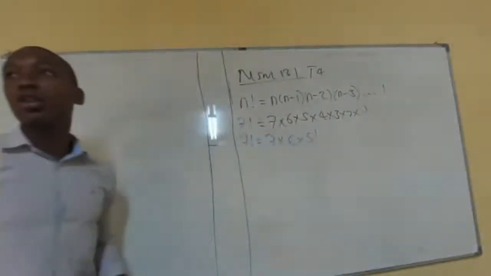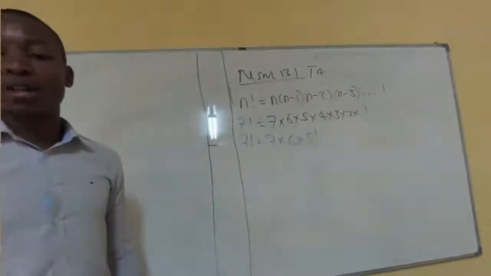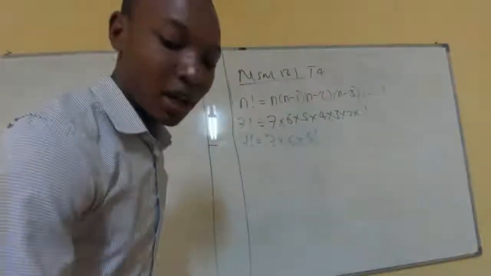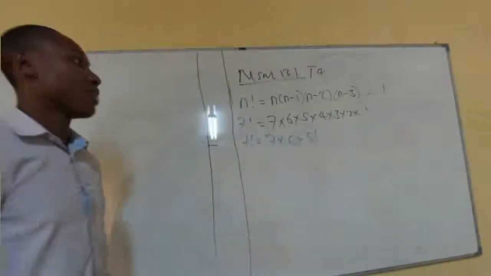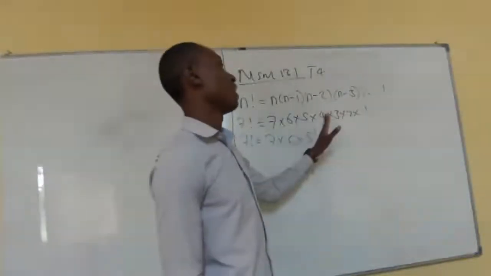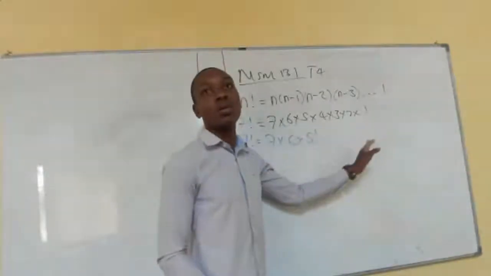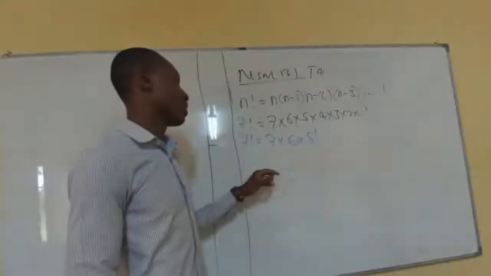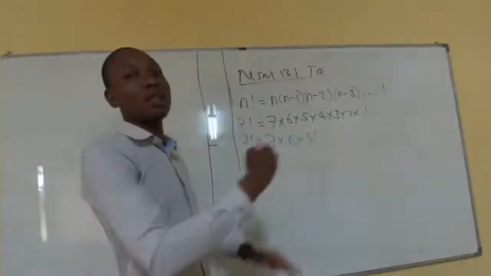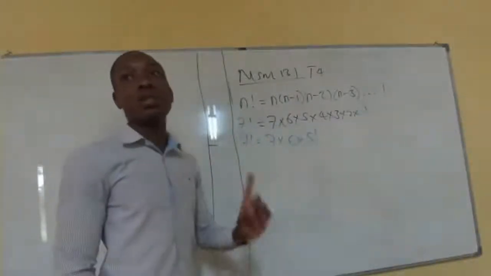When you end at 5 factorial, you have to remember that the 5 simply means you're still moving down to 4, 3, 2, and 1. Whenever you see the factorial, it means the numbers are still moving down until they reach 1.